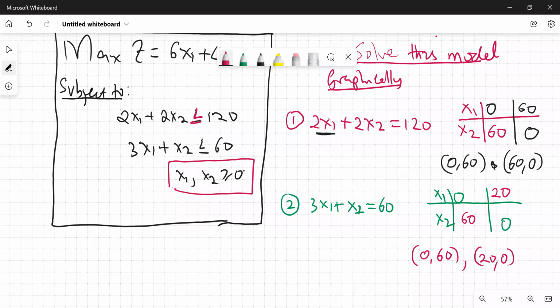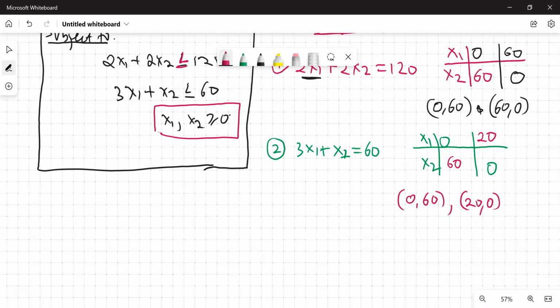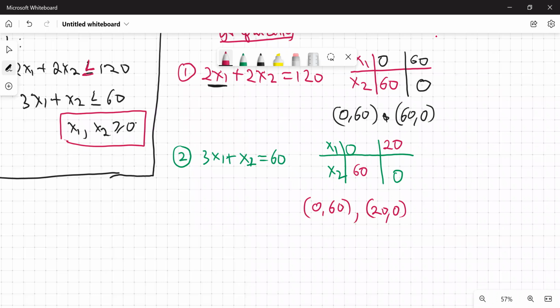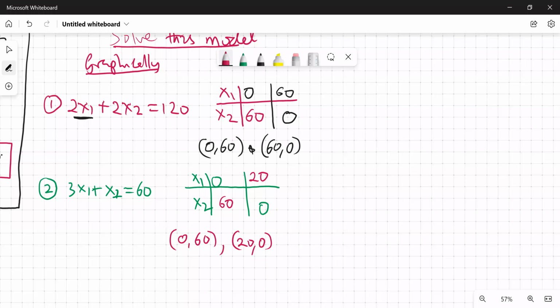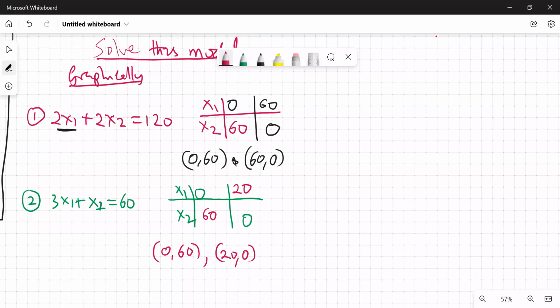Using these points, let's choose a good scale to draw the graph. You can use a scale of 20. Assume these are squared books. I'll use 2 square boxes to represent 20, which means 1 box represents 10.